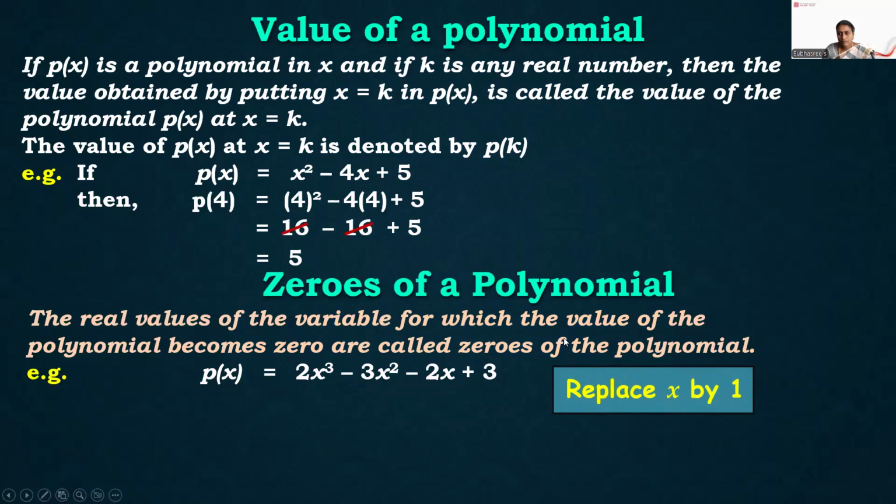2x power 3, we will go with the whiteboard. 2x power 3 minus 3x square minus 2x plus 3.